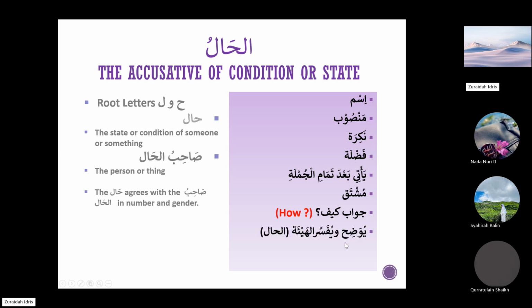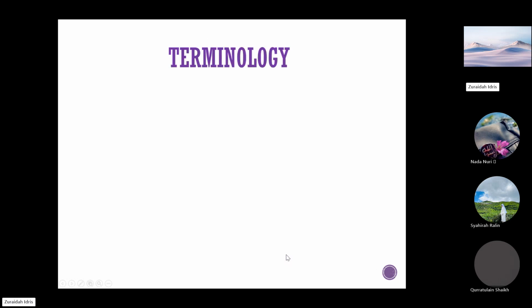It clarifies, it explains, but in this case, the haya, the condition of something, not the essence or state. So the sahibul hal in this wording, says da'iman, always ma'rifa. Almost always, yes. We'll also see what we're talking about here later, inshallah.